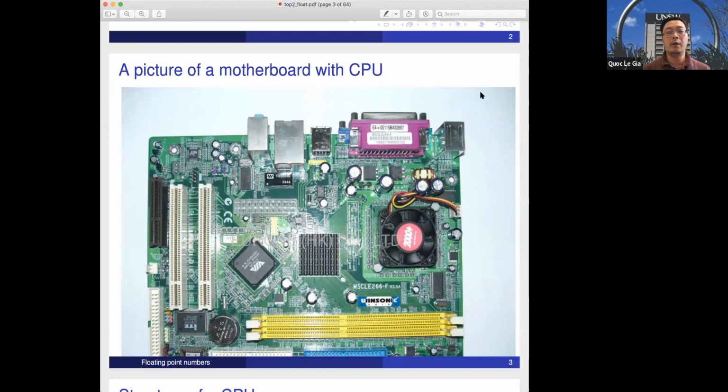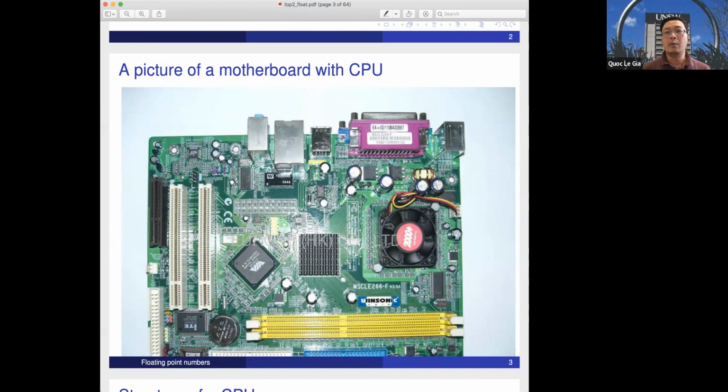Suppose you open up your desktop, this is what you can see inside the computer. This is the motherboard, and underneath the fan is the CPU. This is where you put the memory card, and this is the connection to outside devices.